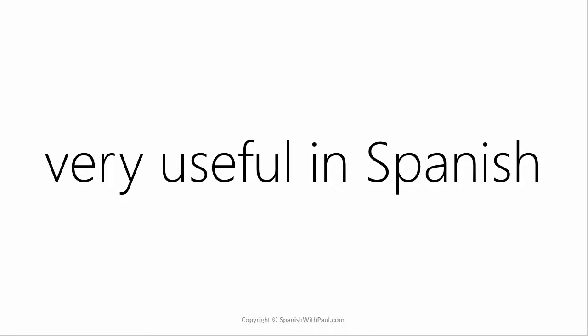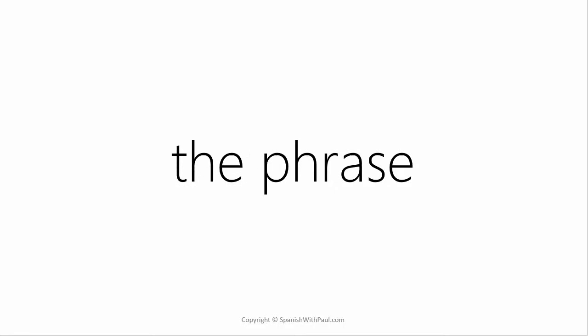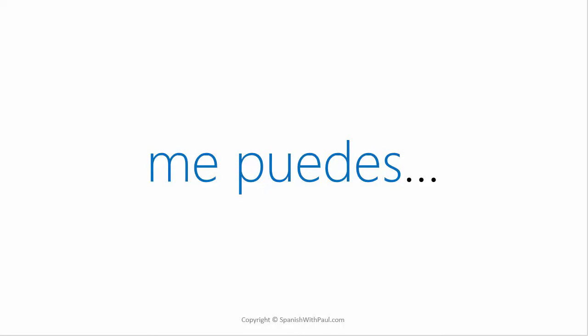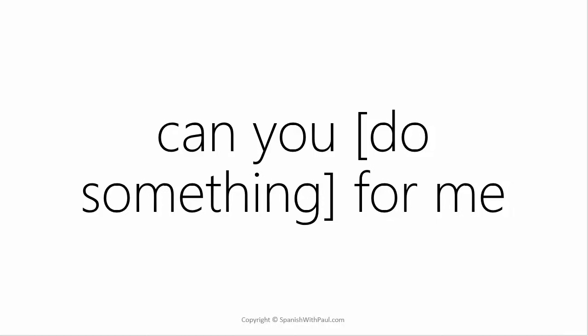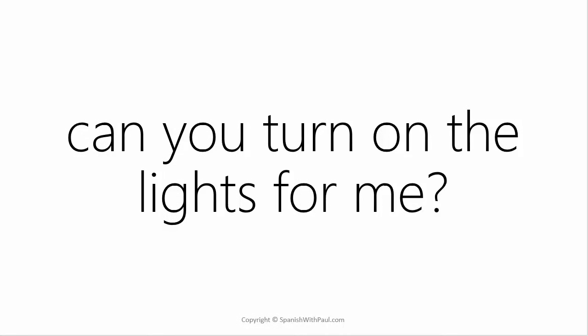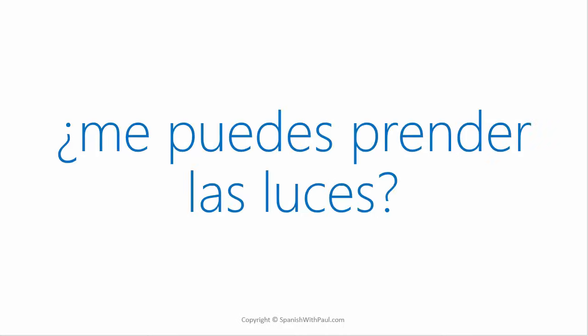Something very useful in Spanish is the phrase me puedes. Me puedes. And this is used in the sense of can you do something for me? For example, can you turn on the lights for me? In Spanish, that would be ¿Me puedes prender las luces?